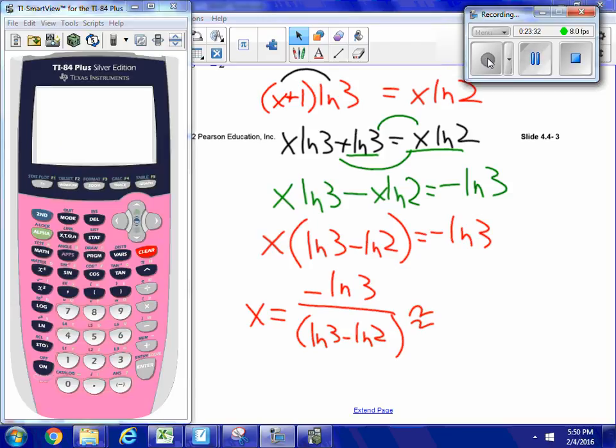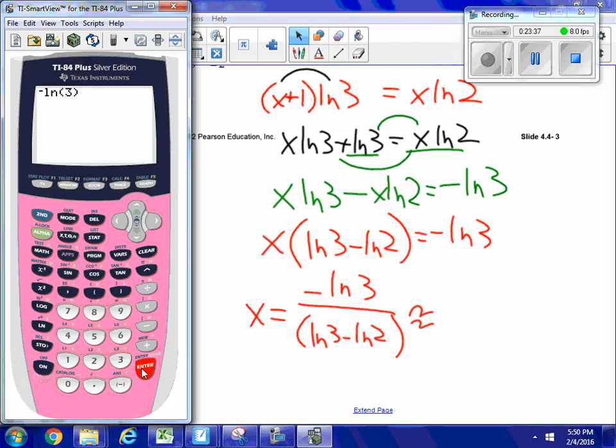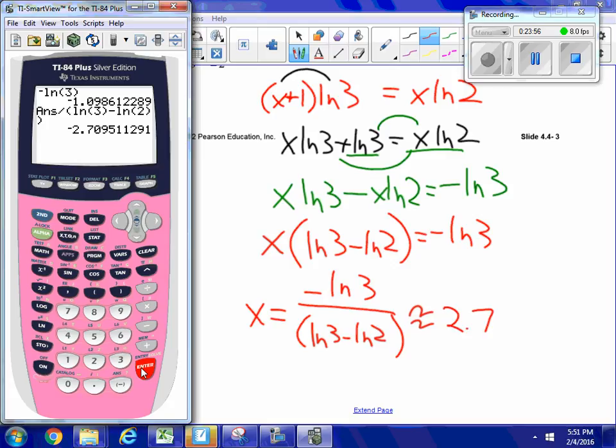I have negative ln 3, close my parentheses, I'll get my answer for that, and I'm going to divide it by parentheses ln 3 minus ln 2. My answer is approximately negative 2.7. This is the exact answer. This is the decimal approximation.